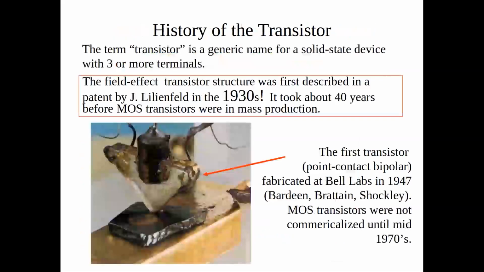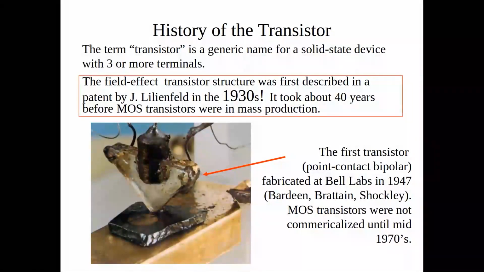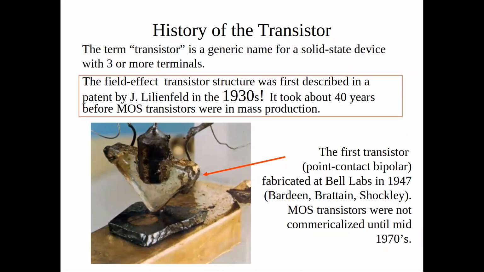So the history of the transistor goes back many decades. The theory of how transistors should operate was proposed in the 30s, before any MOSFET had ever been discovered or implemented. Only in 1947 was it actually fabricated.